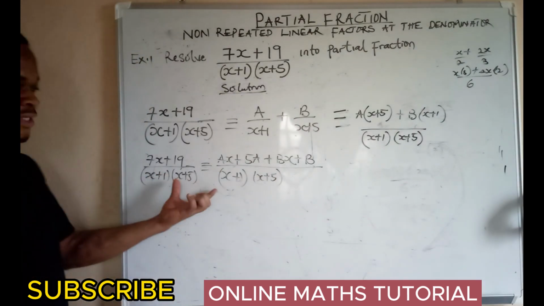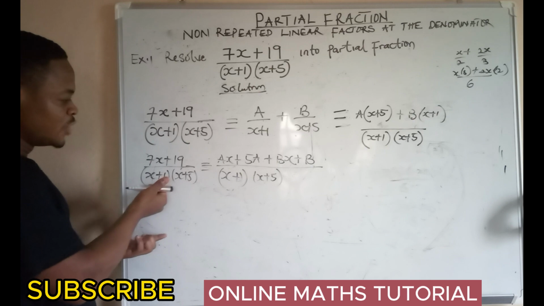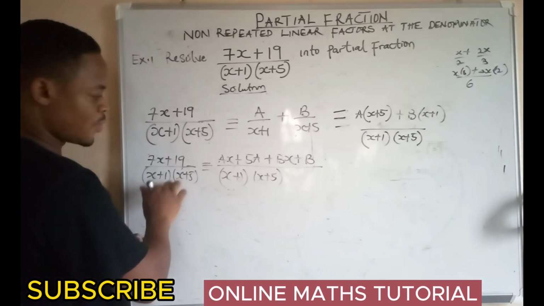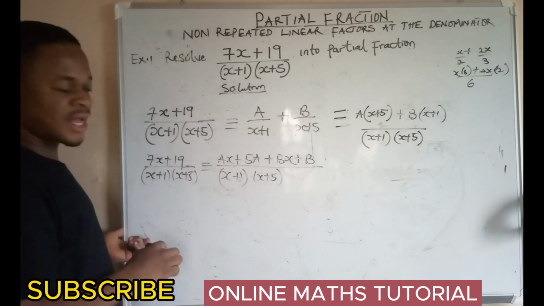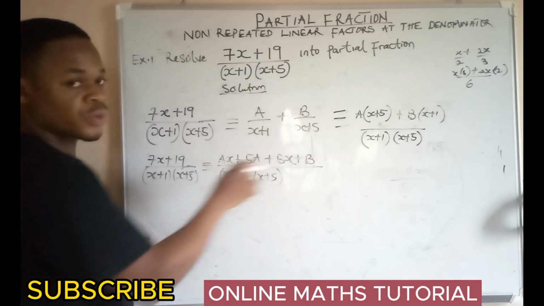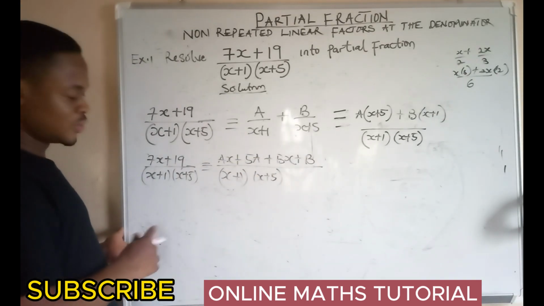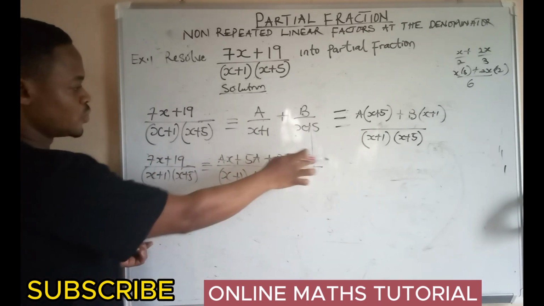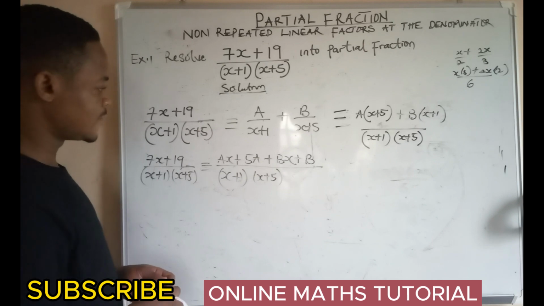So when you look at this, you find that the denominators are equal. Since the denominators are equal, this means that the numerators are also equal. So we can equate the numerators to the numerator of the other side.